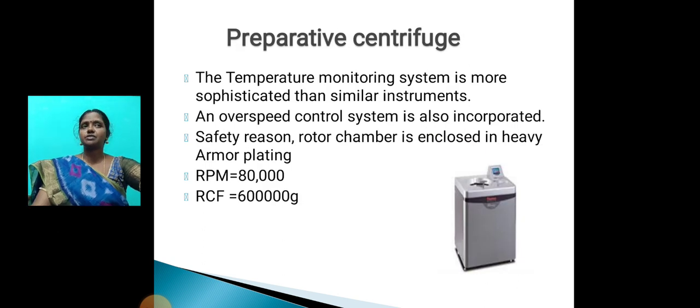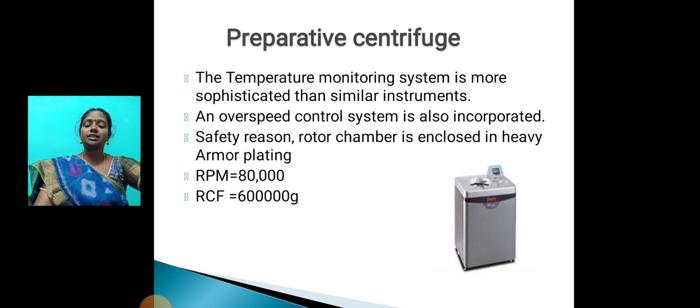And then the preparative centrifuge and the analytical centrifuge come under the ultracentrifuges. In this centrifuge, the temperature monitoring system is more sophisticated than in similar instruments, and it also has an overspeed control system. For safety reasons, the rotor chamber is enclosed in heavy armor plating.